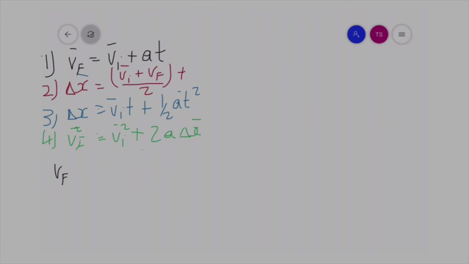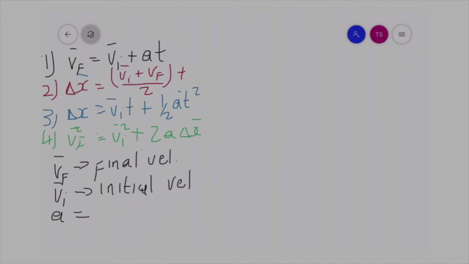Now remember, our Vf is what? It's our final velocity, and then our Vi is our initial velocity, and then our A is our force of gravity, which is constant at 9.8 meters per second squared.